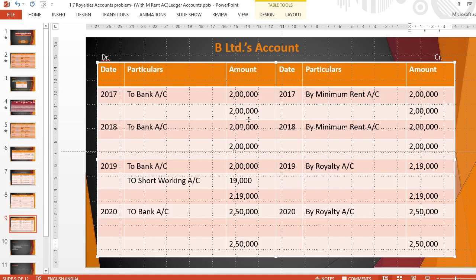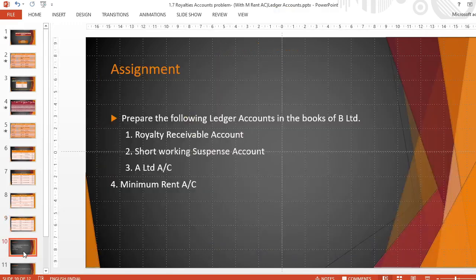So this is how we need to prepare lessor's account. The only thing you should be careful about is minimum rent account as well as royalty. If you have prepared minimum rent account, we should write it on the credit side. Otherwise, we should write royalty account on the credit side of lessor's account. So hope you understood the preparation of ledger accounts.